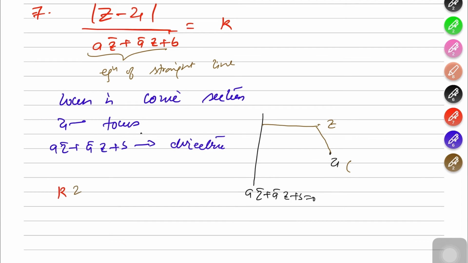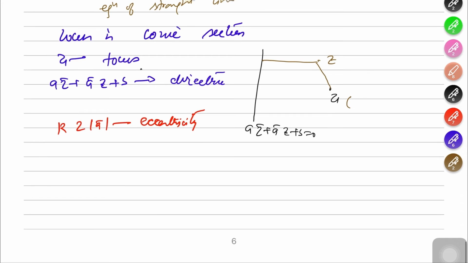K into 2 mod a is the eccentricity of the conic section. So clearly, if K into 2 mod a is equal to 1, then it's a parabola.